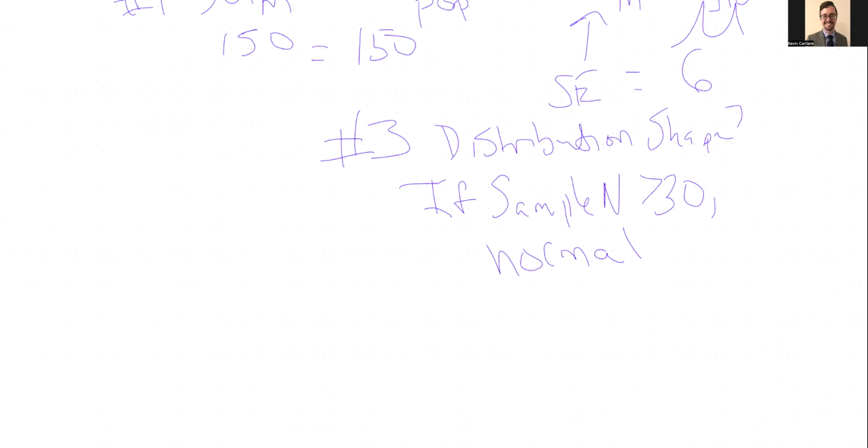What is part 2 of rule 3? What do we do if it's less than 30?